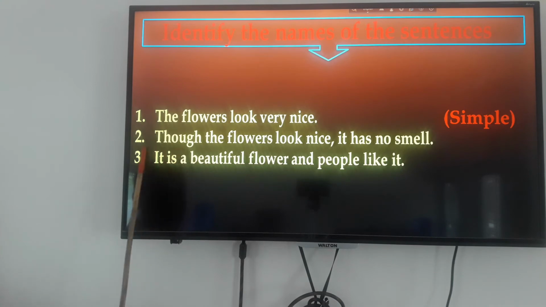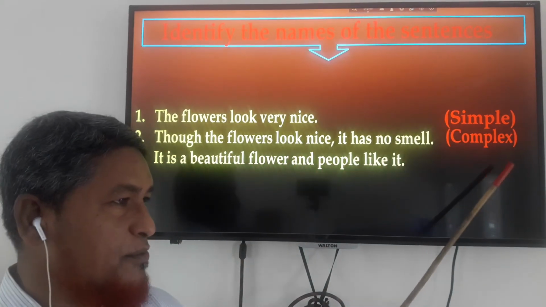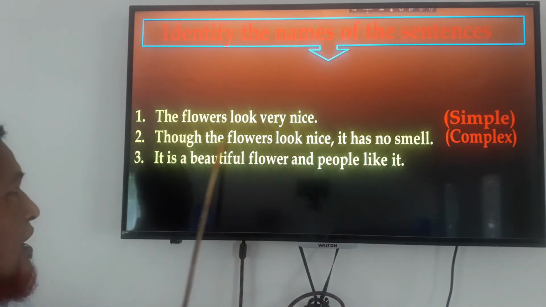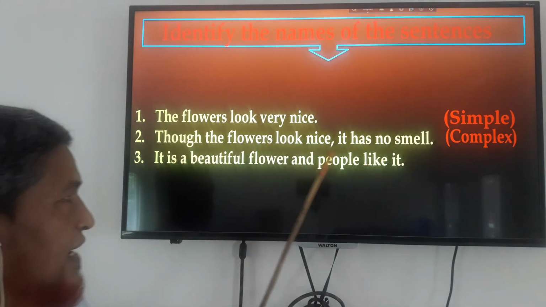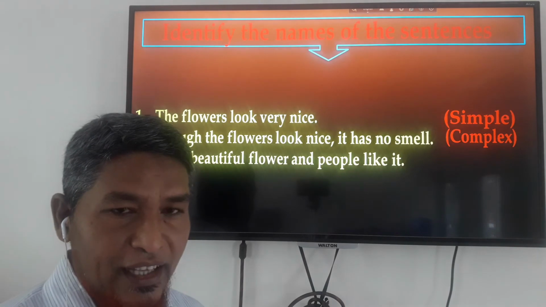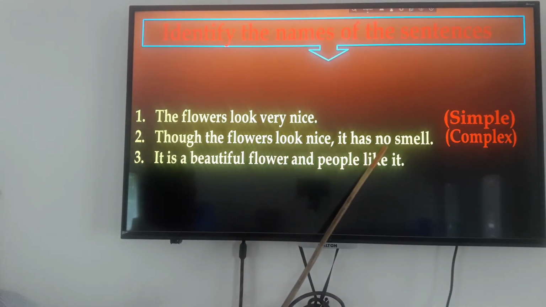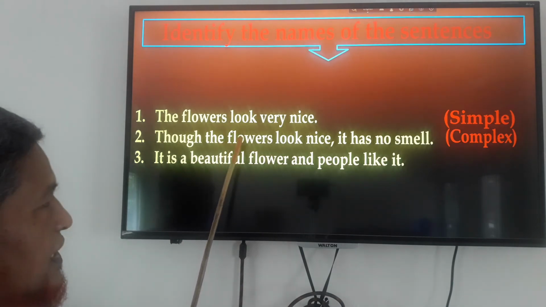In number 2, the sentence is a complex sentence because it has two parts. Though the flowers look nice, it has no smell. It has no smell is the principal clause, and the first part of the sentence is the subordinate clause.